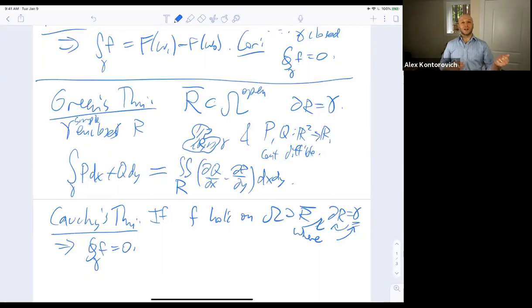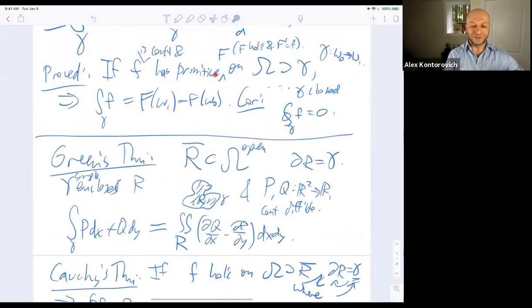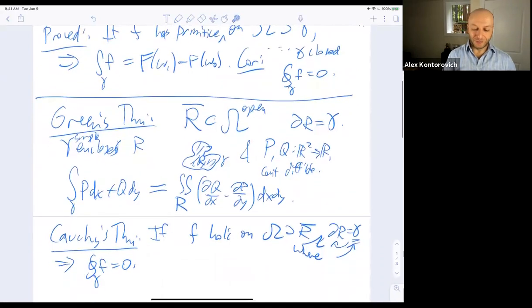So having a primitive is one condition that tells you integrals over closed curves are 0. But being holomorphic also tells you that integrals over closed curves are 0 in the special case where we understand what region your curve bounds.